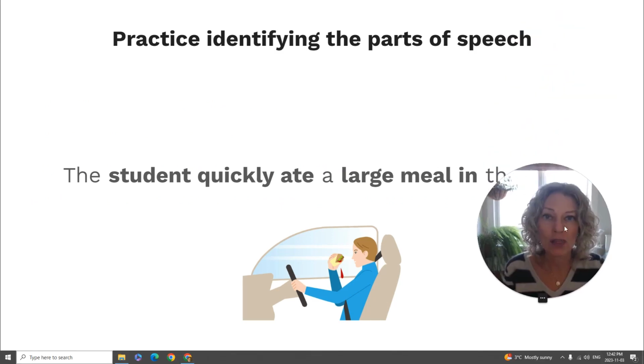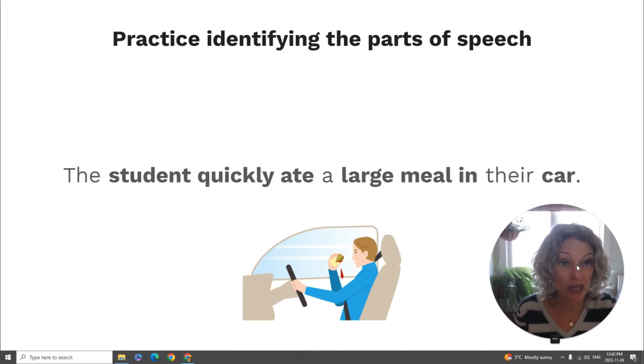So now let's practice identifying the parts of speech. So we know the different types of words and we know their jobs, right? That's what we learned today. So we're just going to be looking at those 5 different parts of speech that we learned, and we're going to try and decide which of these words in the sentence are which parts of speech.